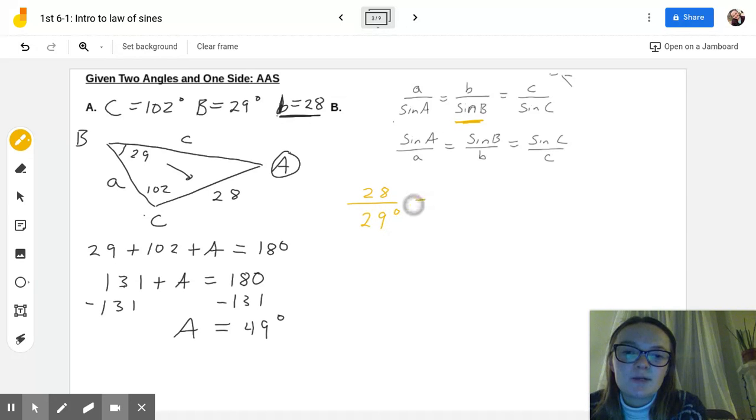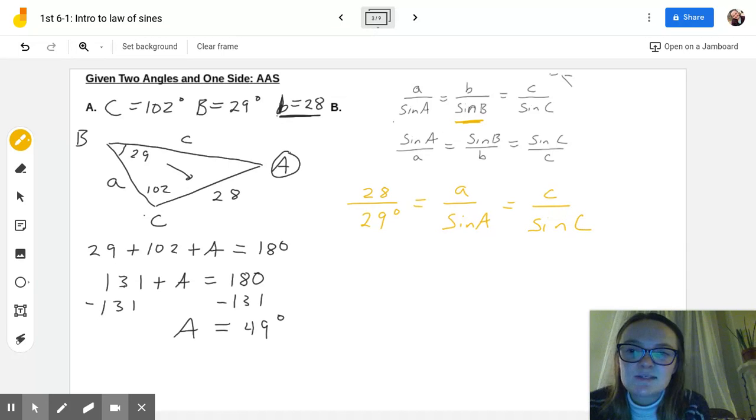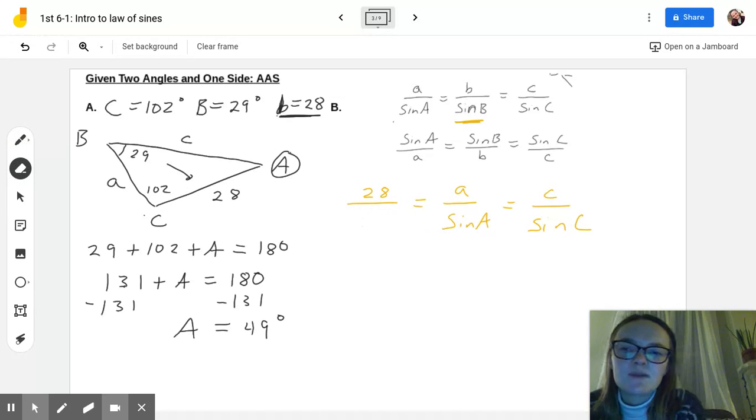So that's pretty important. I know that that is going to equal A over sine of A, and it's going to equal C over sine of C. Okay, well, I know some of these things. Actually, sorry, guys, I misspoke here. That's my bad. Sine of 29 degrees.